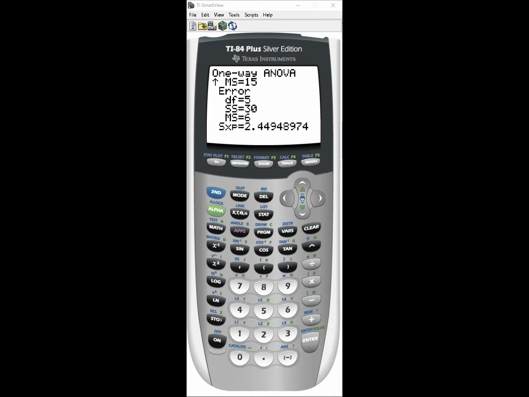Good. MSE, pooled variance, one and the same. So, should we reject the null and conclude that at least one of the groups is different? In other words, does studying or knowing a foreign language benefit you in learning French? From the original data, it seems like group 3 had a greater average score.